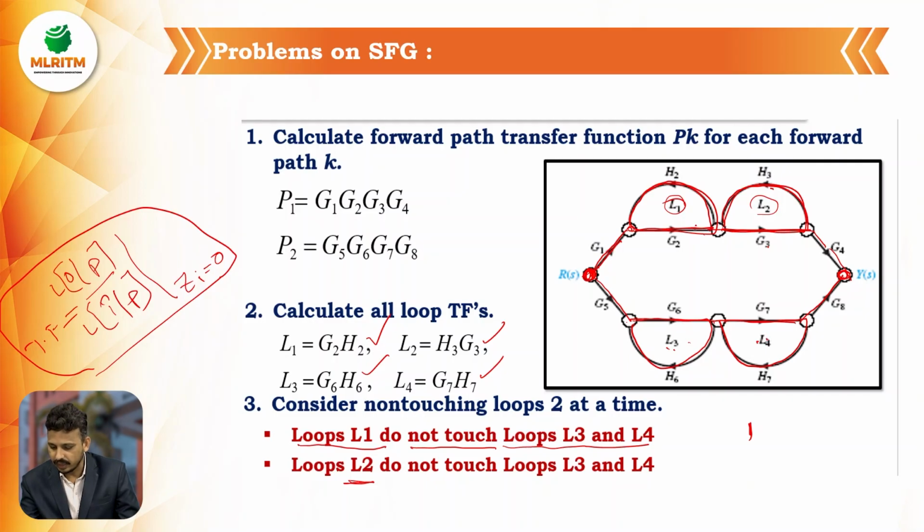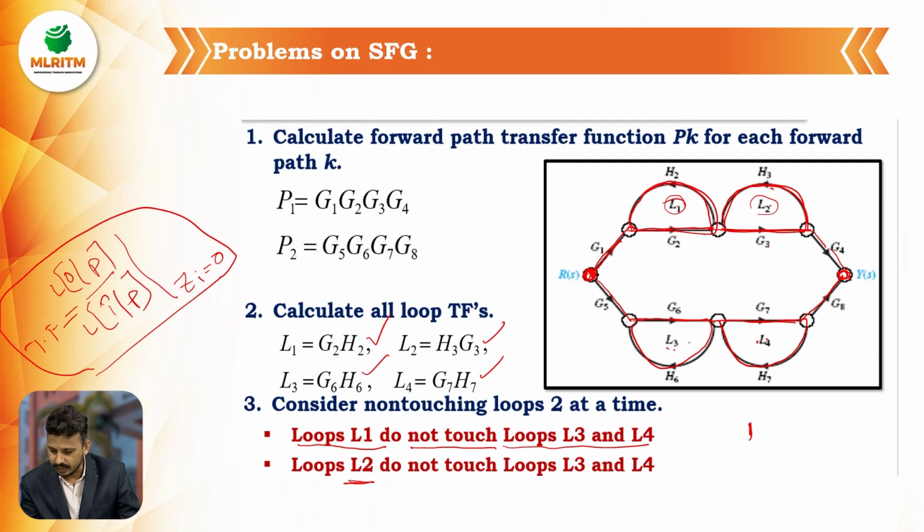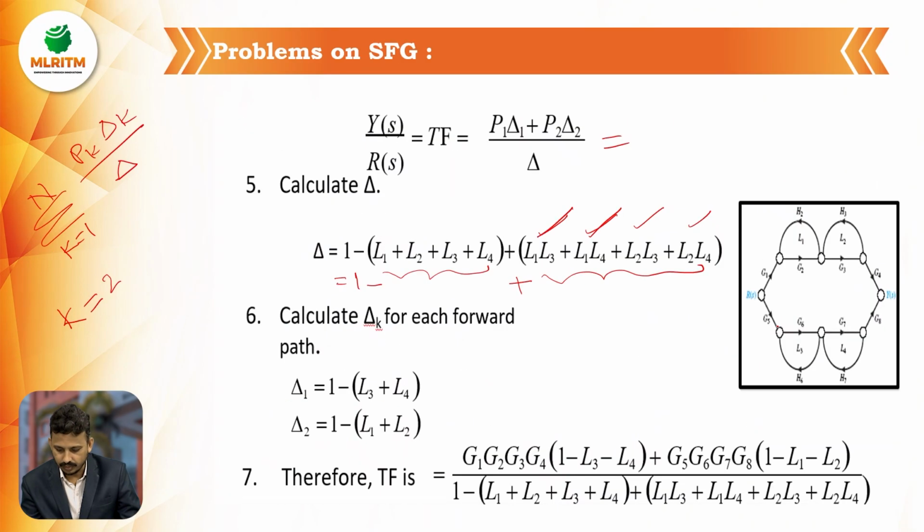So I have to take the gain products L1 L3 and L1 L4. And next, L2 is not touching L3 and L4. So L2 L3 and L2 L4. Clear?